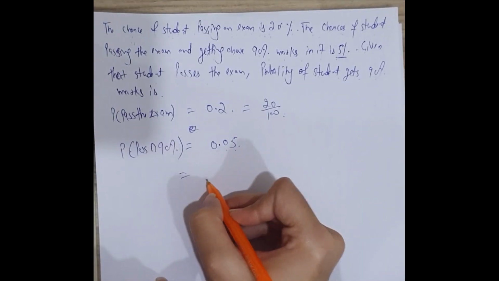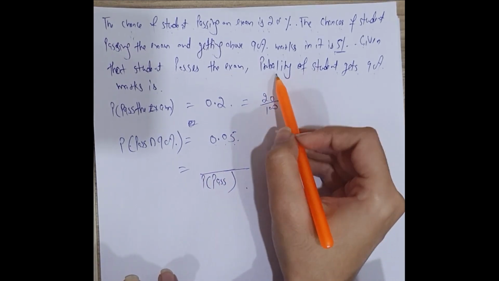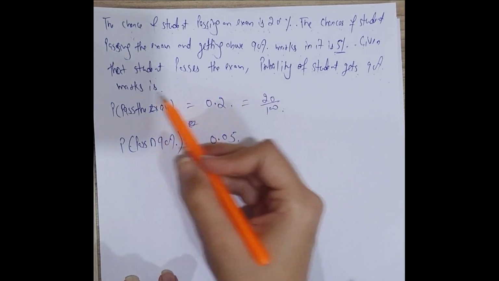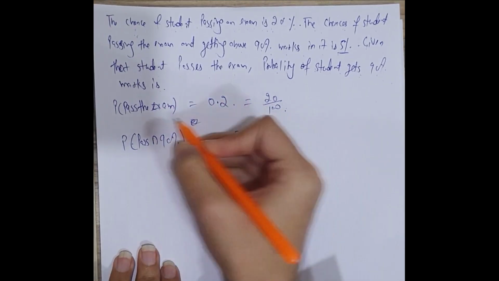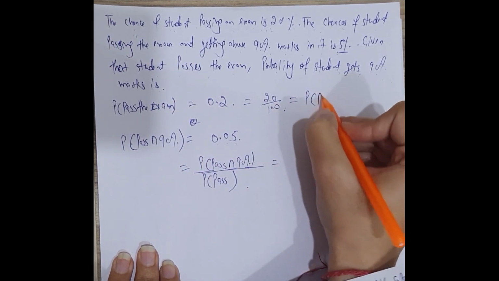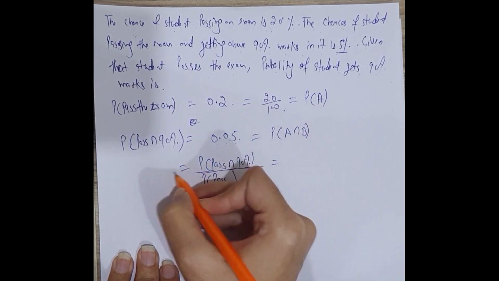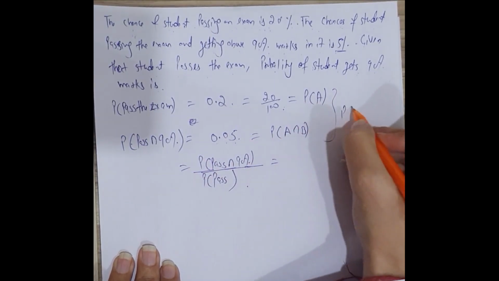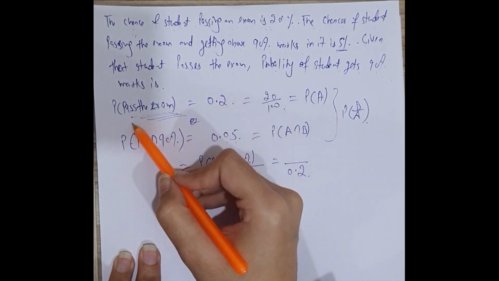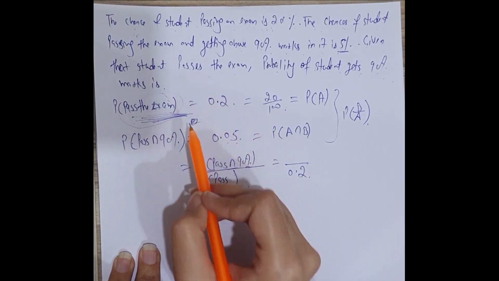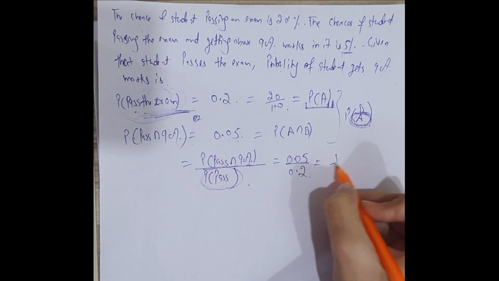Given that student passed the exam, it's given that it passed the exam, the probability of student getting 90% marks is... It means that if this is A, this is B, then now we have to find, that is 0.2. Here it's given that it passes the exam. This is an easy method to remember it. The given thing is always in the denominator. Answer will come out to be 1 by 4.